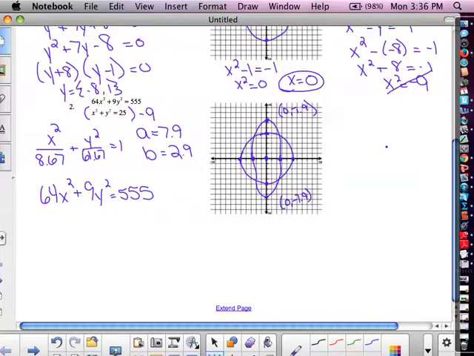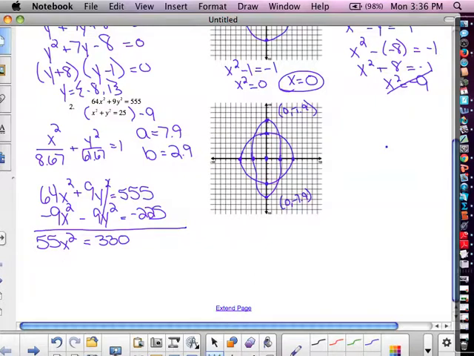The second one I'm multiplying by negative 9, giving me negative 9x squared minus 9y squared equals negative 225. I'm using the elimination method. Now when I add these together, I will get 55x squared, the y's cancel, equals 330. So x squared is equal to 6, so x is equal to plus or minus the square root of 6.